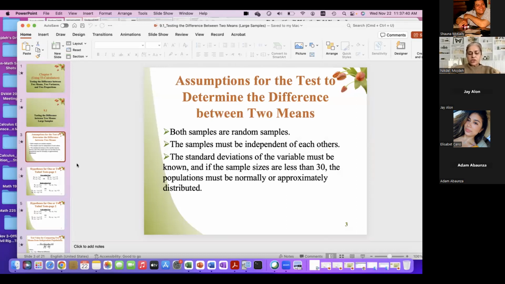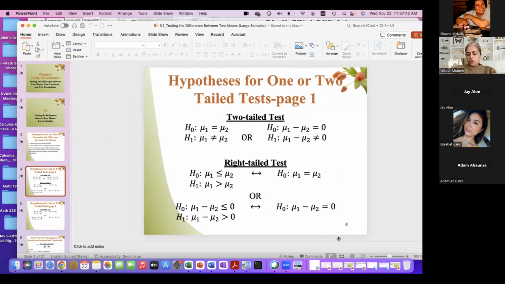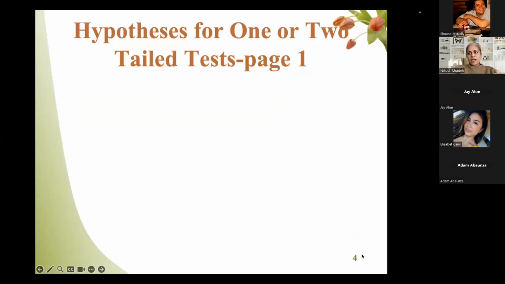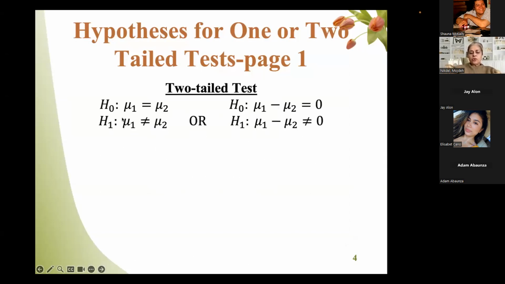You can read slide number 3. How do we write our null hypothesis and alternative hypothesis when we have two populations? For a two-tailed test, let's look at the left side of the second and third line.